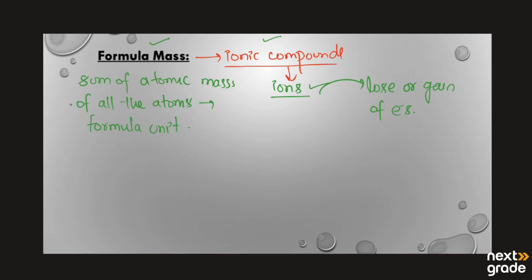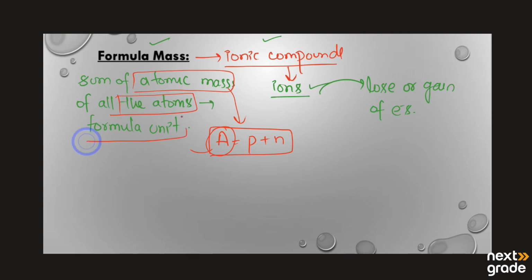We need to take the sum of the atomic masses of all the atoms. Here the atomic mass is denoted by A, and it is the sum of protons plus neutrons. So we take the sum of atomic masses of all the atoms that form the formula unit.